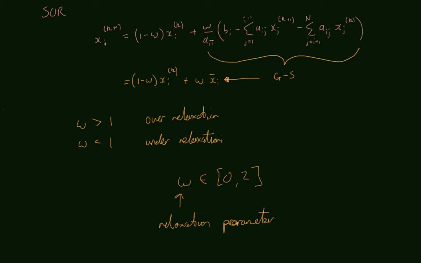Okay, so what I'm going to do now is actually have a look at a worked example. This is the same worked example which we've been using previously, if you've watched the Gauss-Seidel and Jacobi videos, so this is the same 3x3 matrix.